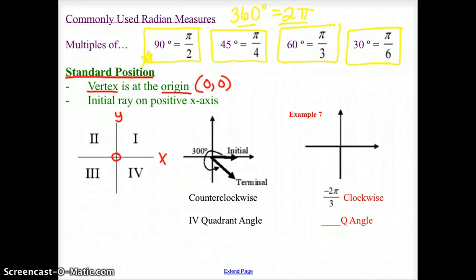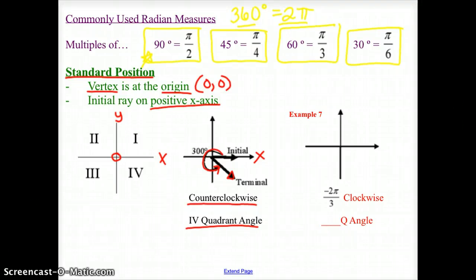The initial side of an angle always starts on the positive x-axis. As I move my way around counterclockwise, I have a positive angle. In this example, my terminal side is landing in quadrant 4. I did go counterclockwise, right? So I have a quadrant 4 angle.